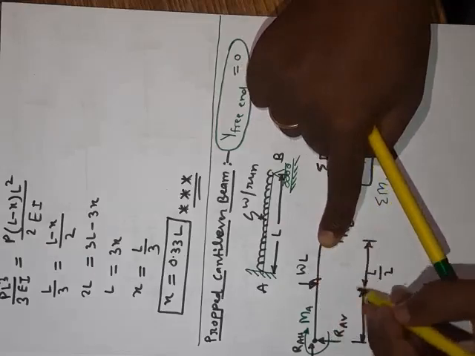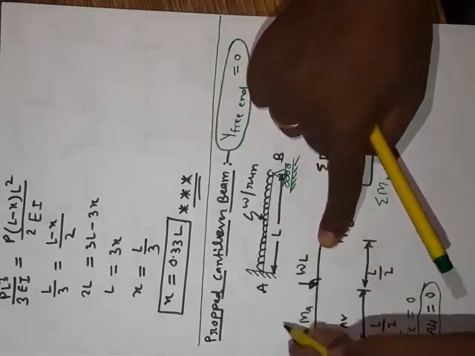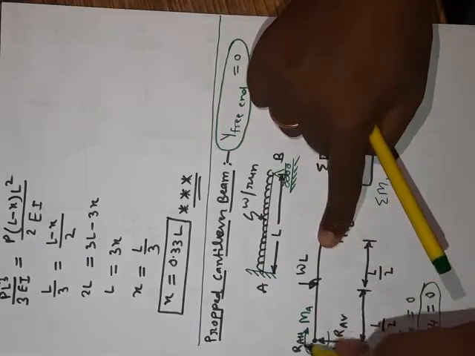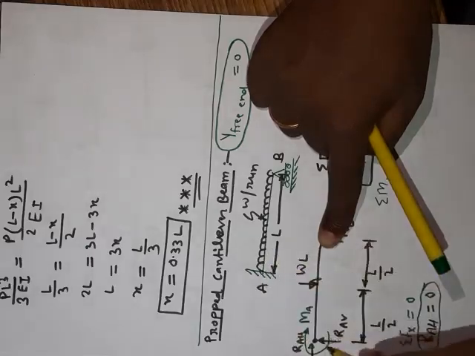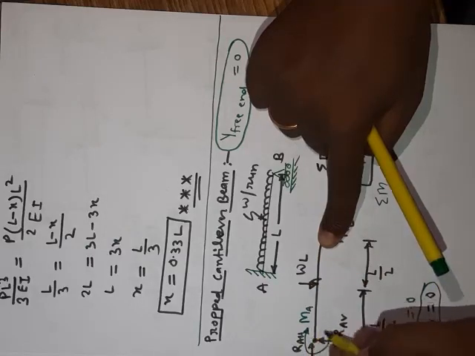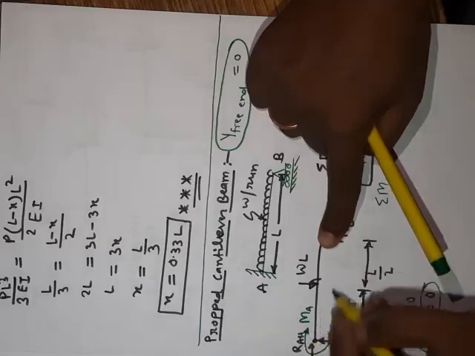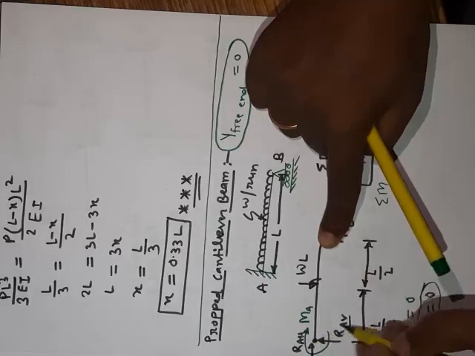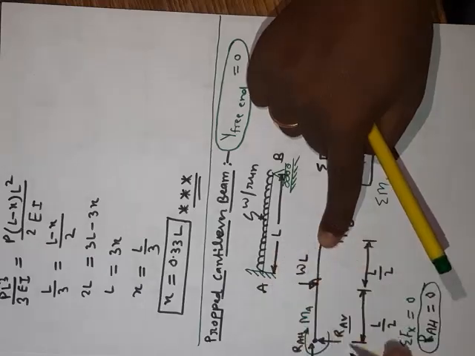WL will give moment in the anti-clockwise direction. MA at the fixed support is assumed clockwise. RH will not give moment, it will apply thrust. Only RA will give moment, in the clockwise direction.